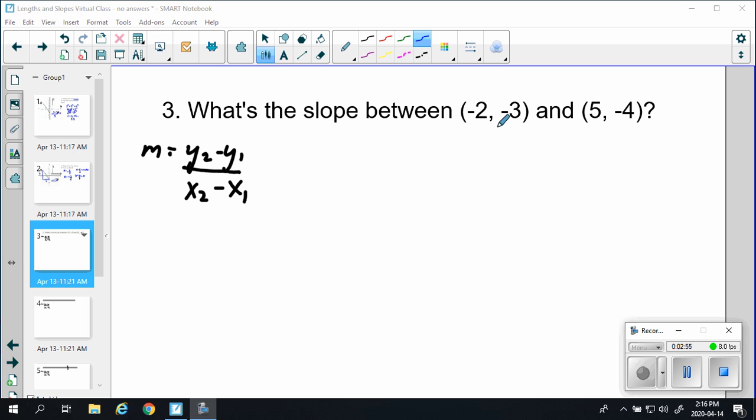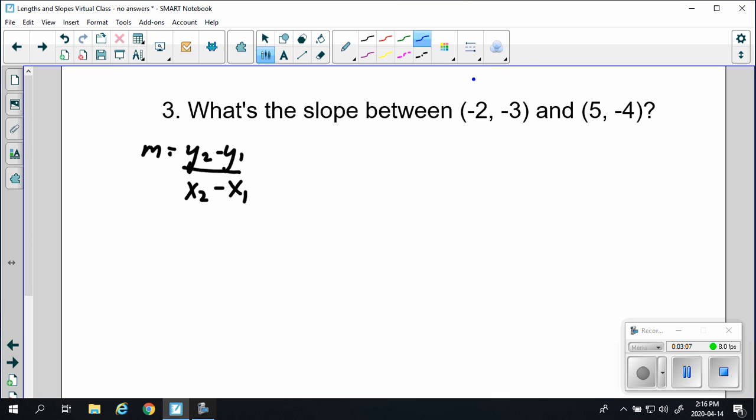If you are asked to determine the slope between 2 points that are not on a grid, you can use the slope formula. The key to this formula is not plugging things in incorrectly and not missing negatives. So just to be safe, I always label my points. This is x1, this is y1, this is x2, and this is y2. So when I plug them in, I make sure to plug them in the correct spots.